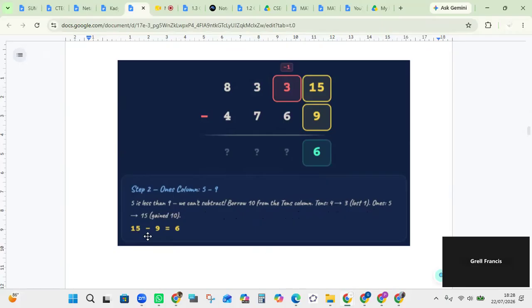And then you say 15 subtract 9 will give us 6. So that's why you have 15 subtract 9 equals 6. So 10 was taken out from 40, and that 10 was added to 5 to make it 15. And 15 subtract 9 will give us 6.